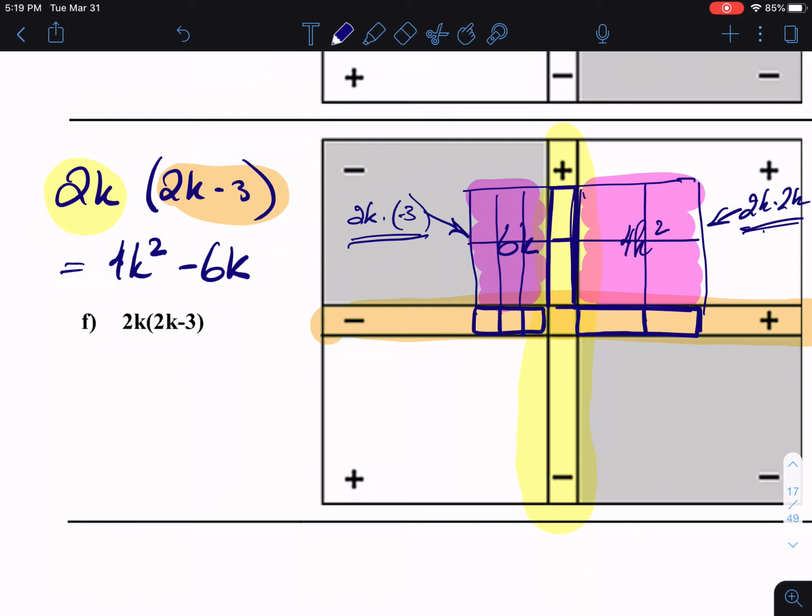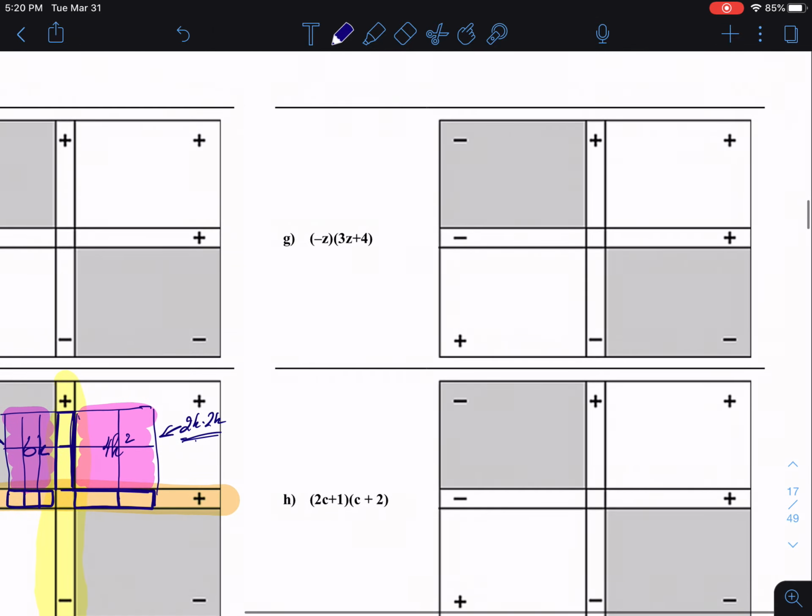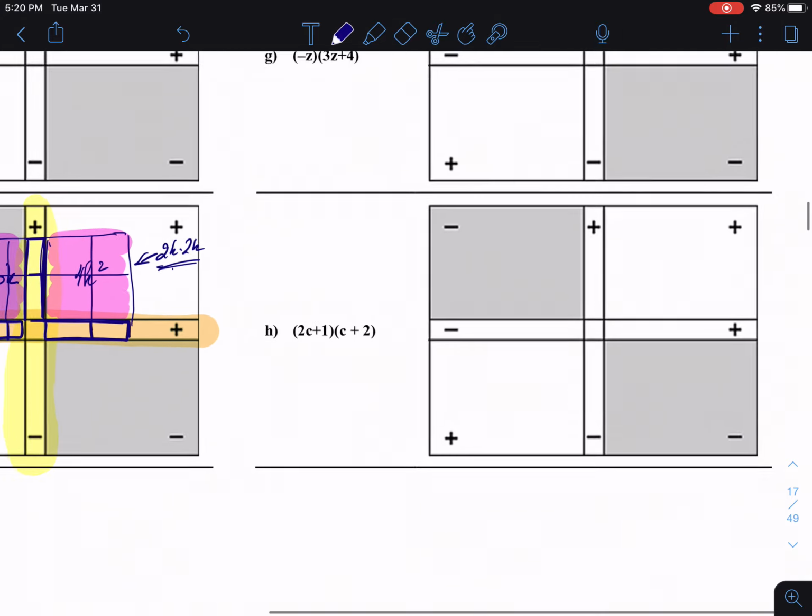With Algeblocks, we don't have to introduce the distributive property. The kids are going to see it, notice it, and generalize it and say, hey, is this always going to be the case? So I'll let you work on G on your own. And again, remember to ask me questions if you get stuck.